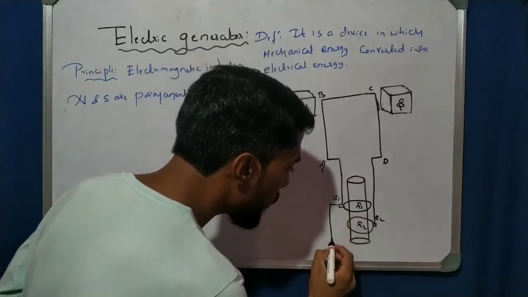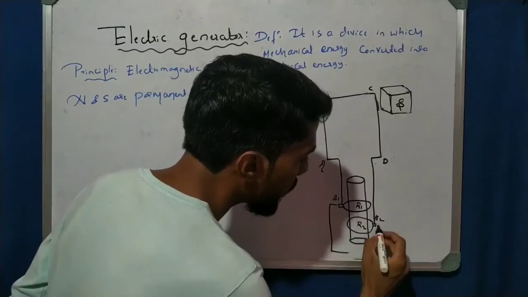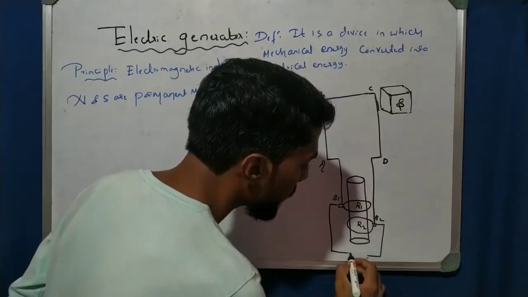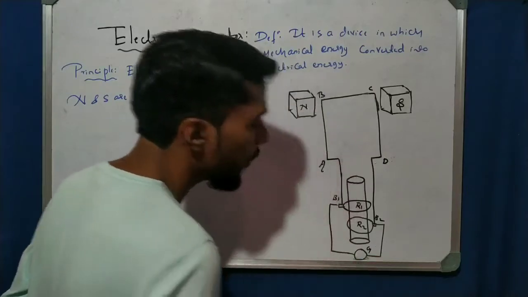This B1 and B2 are further connected to the galvanometer.